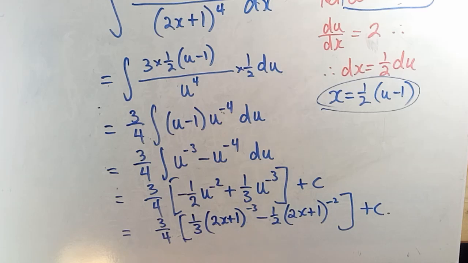Does this warrant any further simplification? We could put these on the denominator, and we could even expand them out if we want, but I think this is probably the best it can get. So let's call that done. All right. See you in the next video.